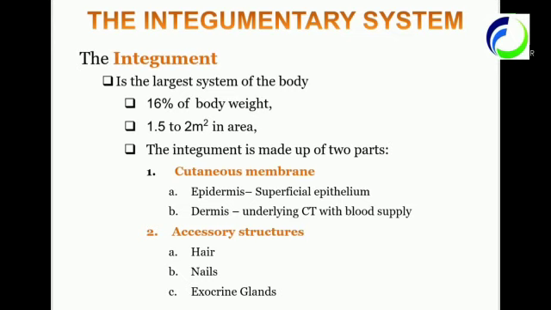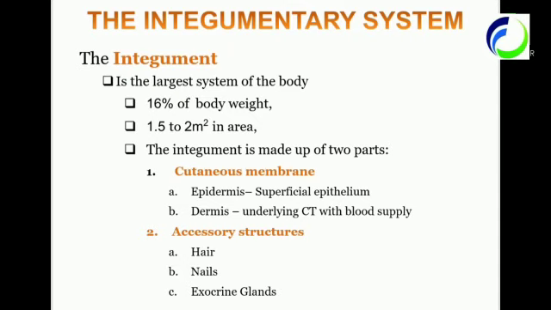The largest organ of the human body is the liver. Okay, you have to understand the difference. The integument comprises 16% of body weight, 1.5 to 2 square meters in area, and an adult has approximately 22 square feet of skin.